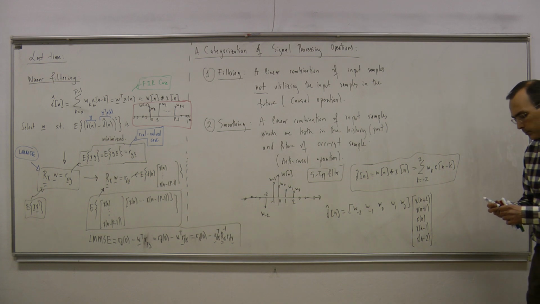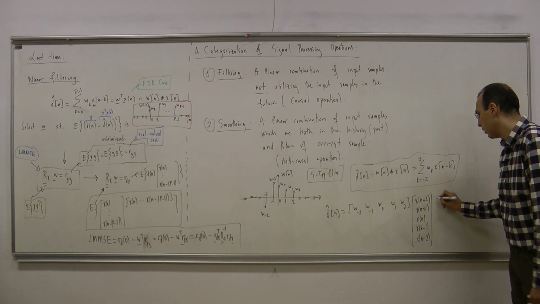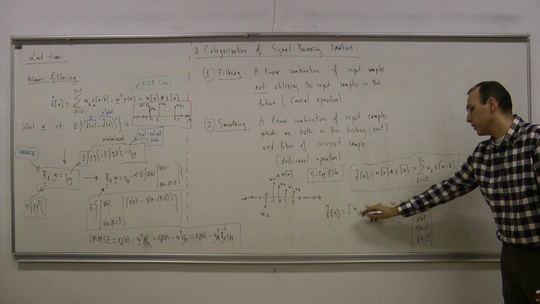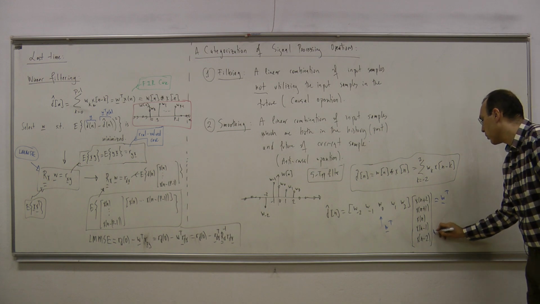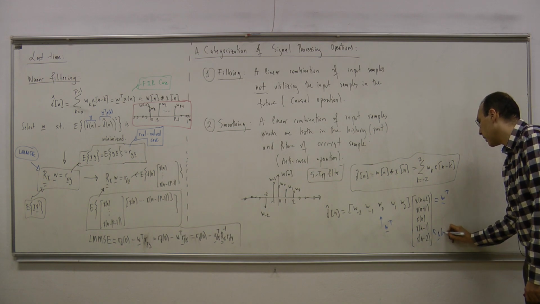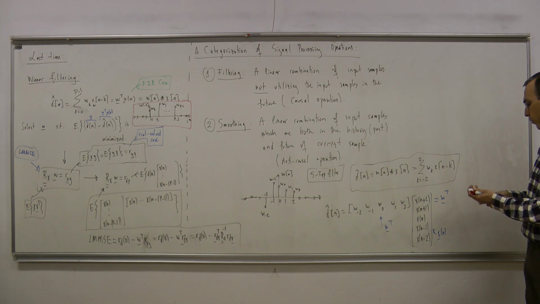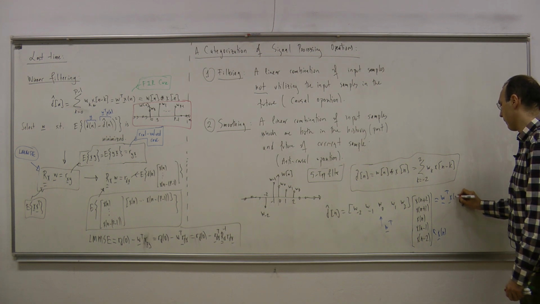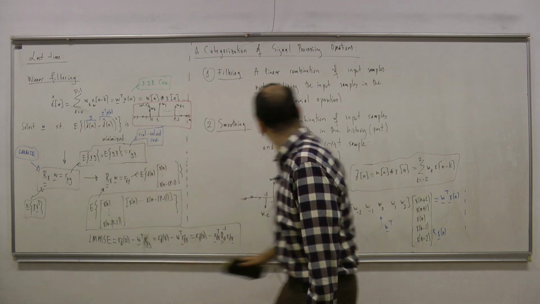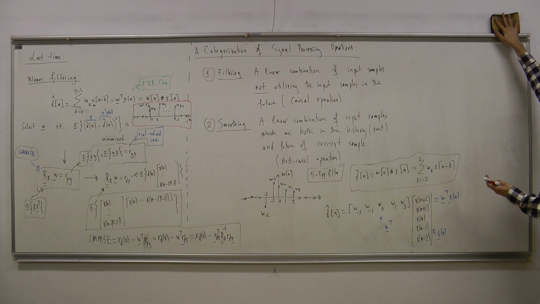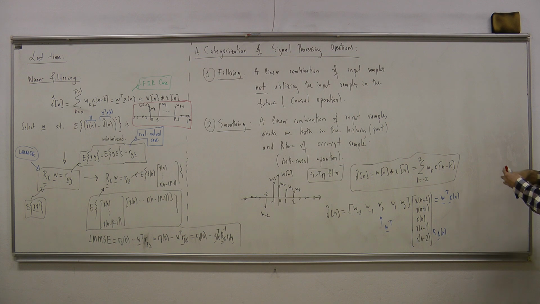So if I define my W vector as this, and my x vector as this, let's say x of n is still this for the n sample, then let me write on the top the normal equations for this.